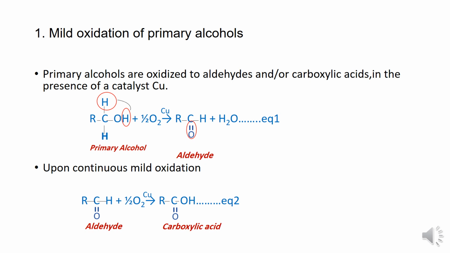The C double bond O stays as it is, and on the H we have the oxygen. This H will become OH. As a result, we get the functional group of the carboxylic acid, which is C double bond O OH. So the aldehyde becomes carboxylic acid.